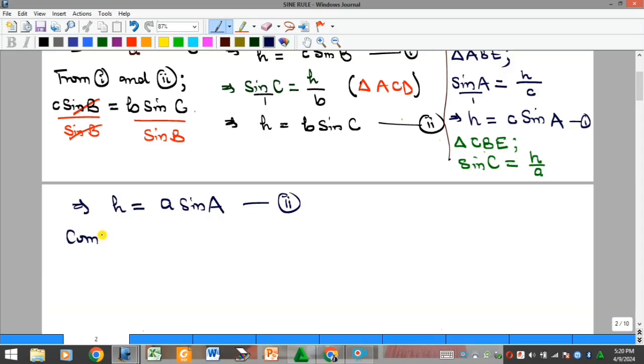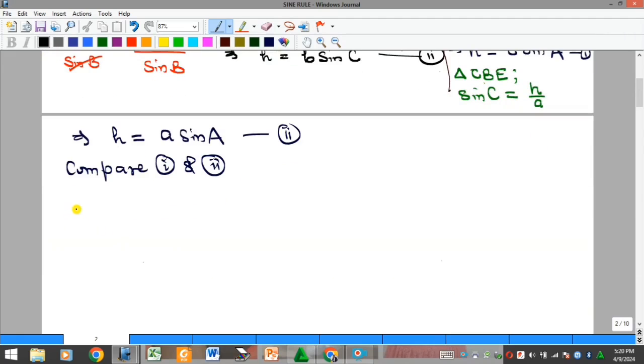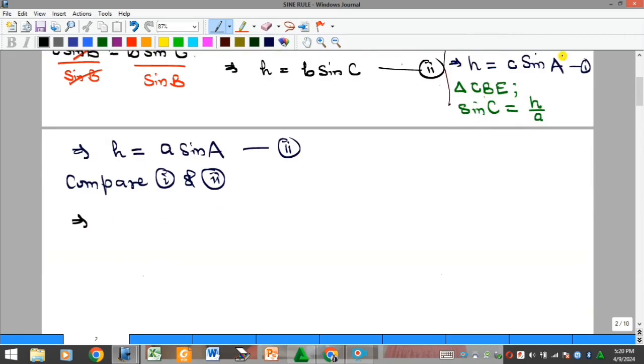So if we now compare equation 1 and 2 for this construction, you will see the same thing will happen. In equation 1, C sine A rather is now equal to A sine C. Sorry, it is sine C, not sine A, sorry about that mistake.